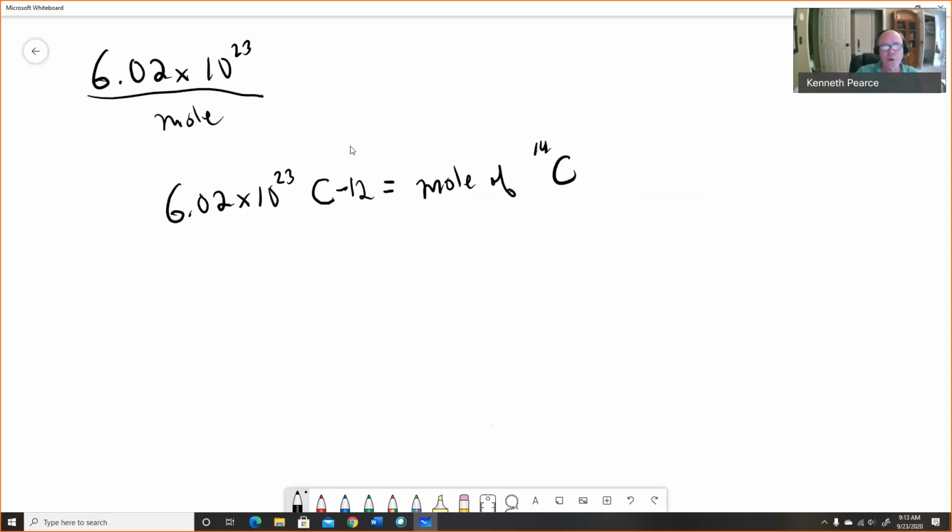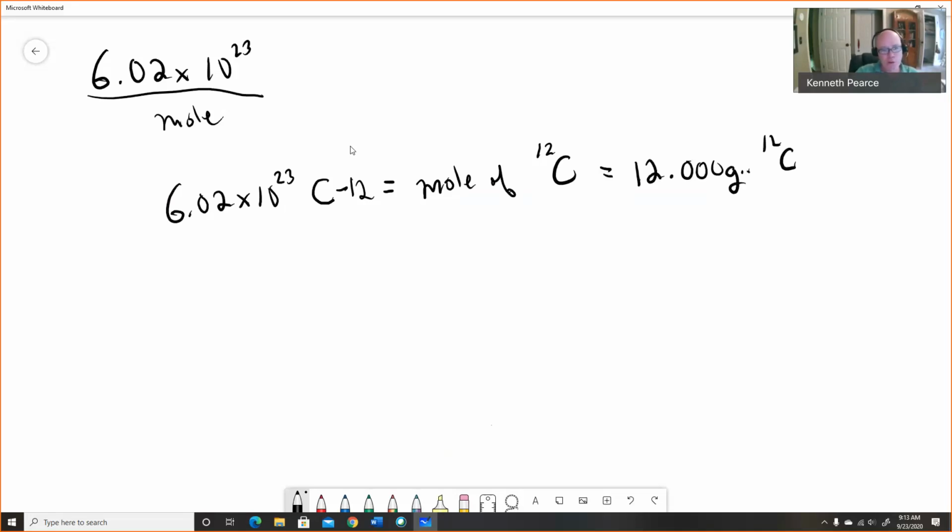Carbon 12. Okay, I was thinking about radiation. 6.02 times 10 to the 23rd of carbon 12, a mole of carbon 12, will actually be equal to 12.000, as many zeros as you want, grams of carbon 12. And you may say to yourself, well, why does that matter?